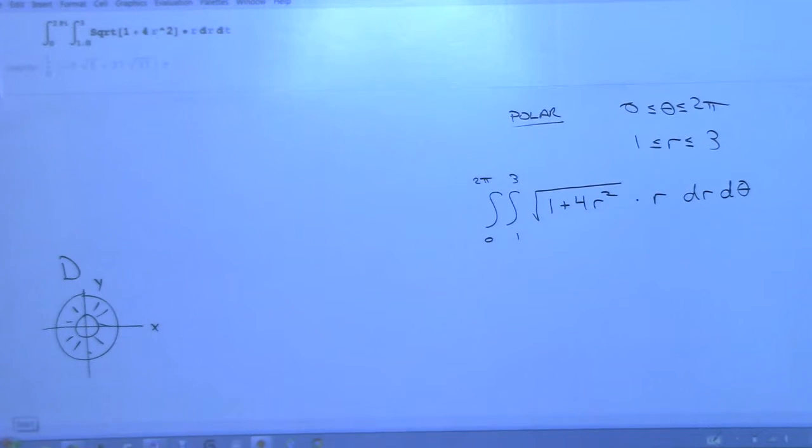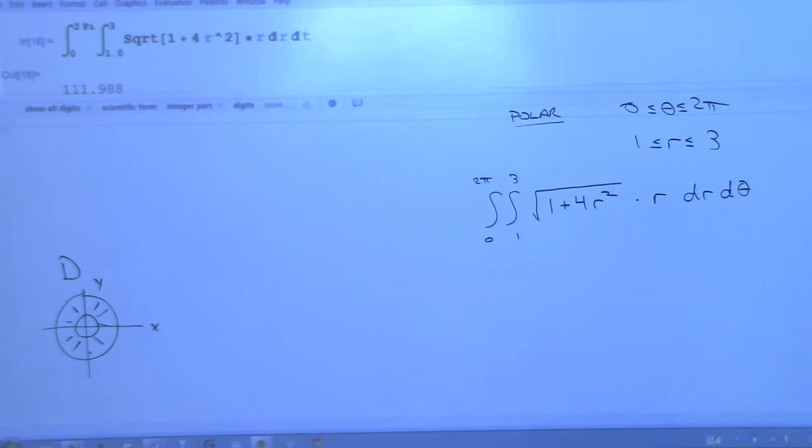We'll get a numerical answer, sorry, an approximate answer. There's the exact answer, 1/6 of all that stuff. But an approximate answer, about 111.988, is the surface area of that thing. Pretty cool though, right? It's pretty cool that you can find the surface area of something that seems so complicated.